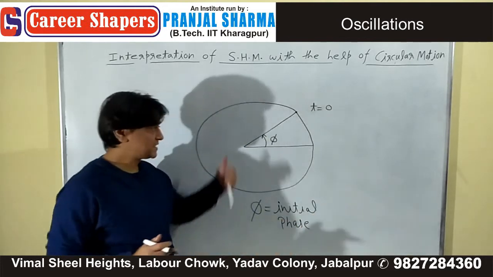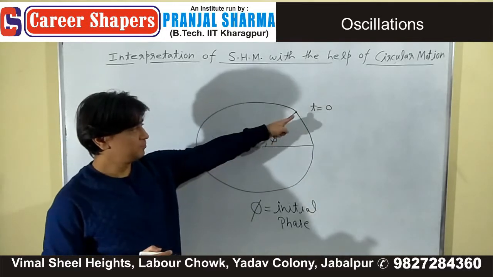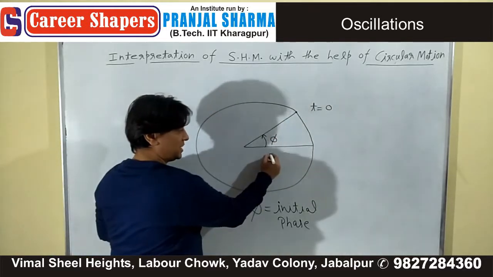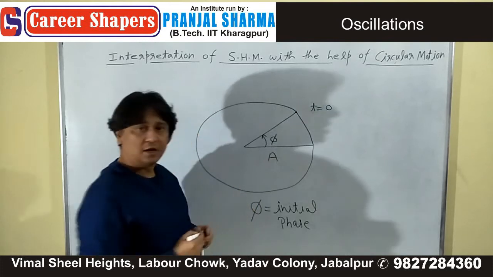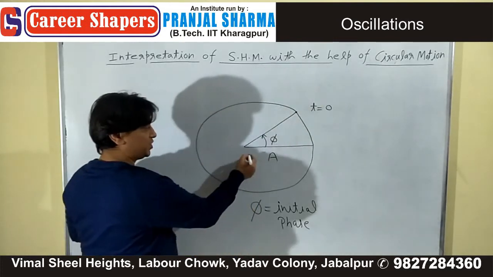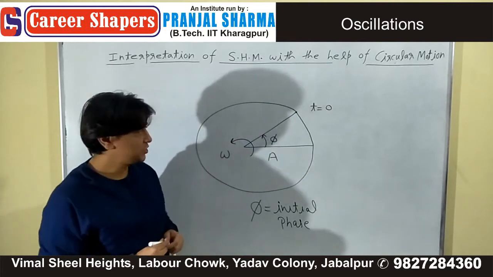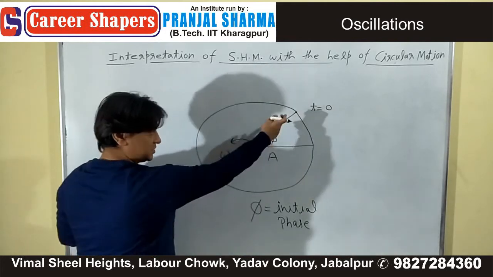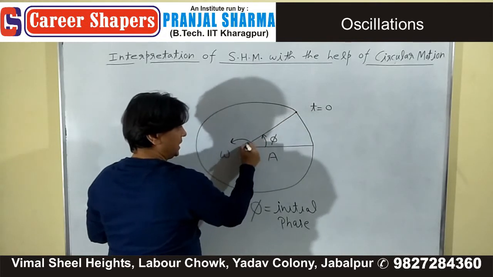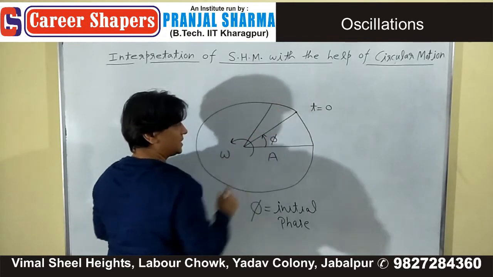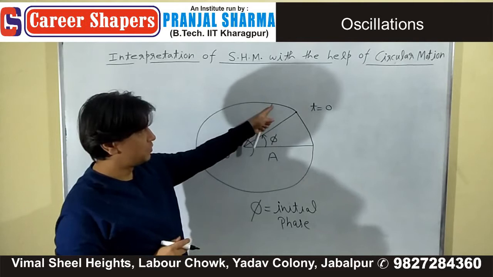Don't worry, you will understand it. So this is phi at t equals 0. You know that the length of the rod is a. Now, again the rod is rotating with uniform angular velocity omega. At time t, we found that the rod is over here.